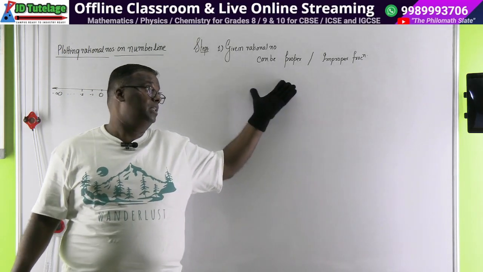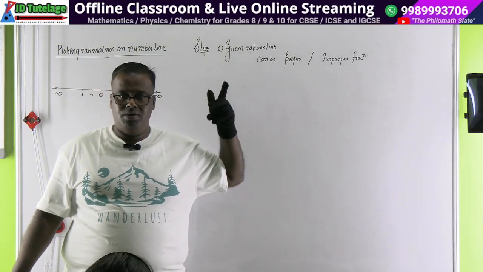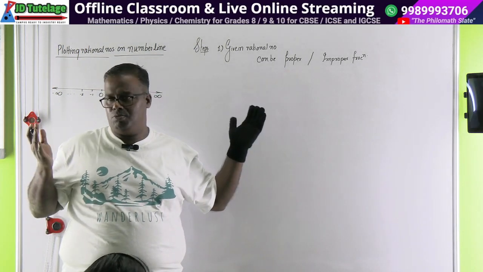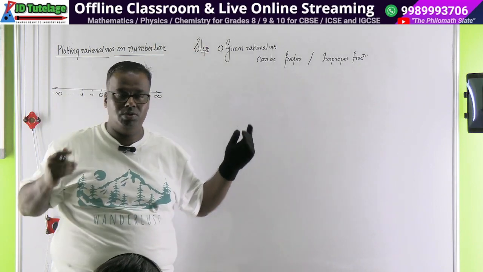Don't just copy, अंधाधुंध copy मत करो, समझ के copy करो. A given rational number can either be a proper fraction or improper fraction. Yes, it cannot be a number. Number होने से तो natural number हो जाता.